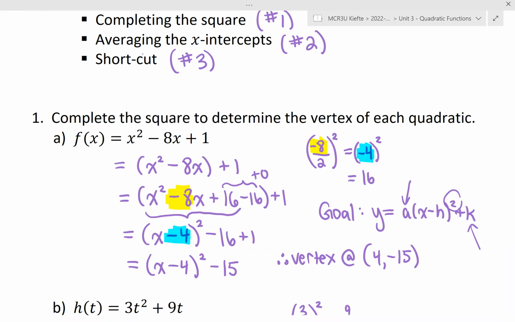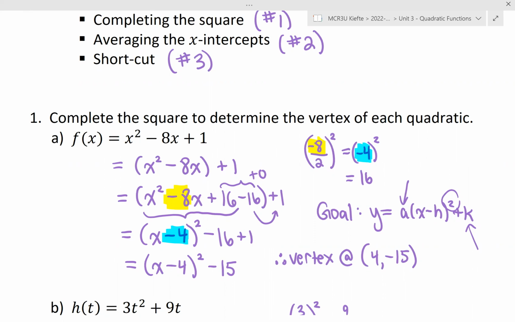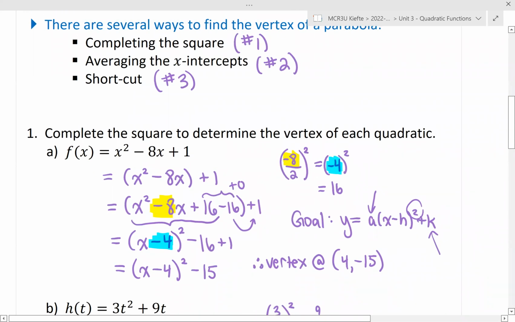Now it's just these 3 terms that we factored into this perfect square trinomial. So this -16 needs to be dealt with. It can kind of leave the brackets and join that +1 to form the K value of -15. And there's our vertex at (4, -15).